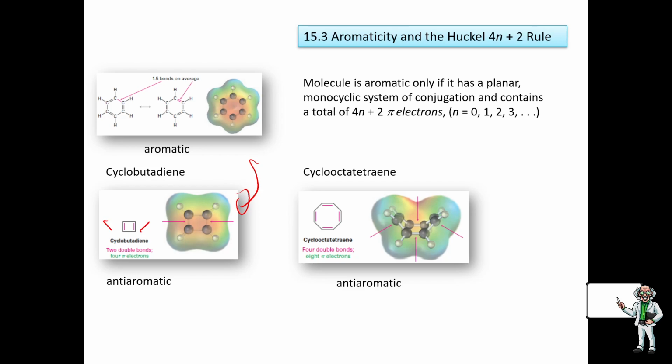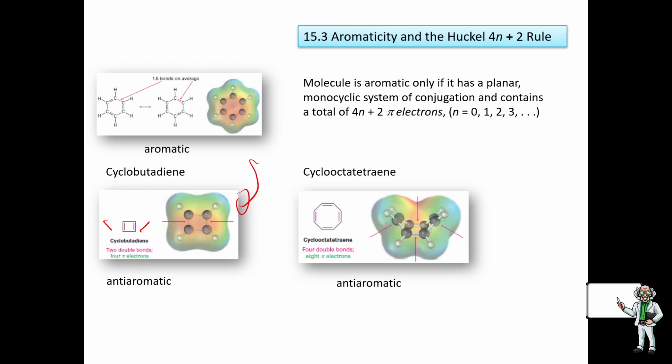That means 4 electrons. 4 electrons is not following the 4n plus 2 rule. 4 electrons is following the 4n rule. And when a compound that looks aromatic follows the 4n rule, we say that it's anti-aromatic and it's very unstable. It's just the opposite. Aromatics are very stable, anti-aromatics are very unstable.